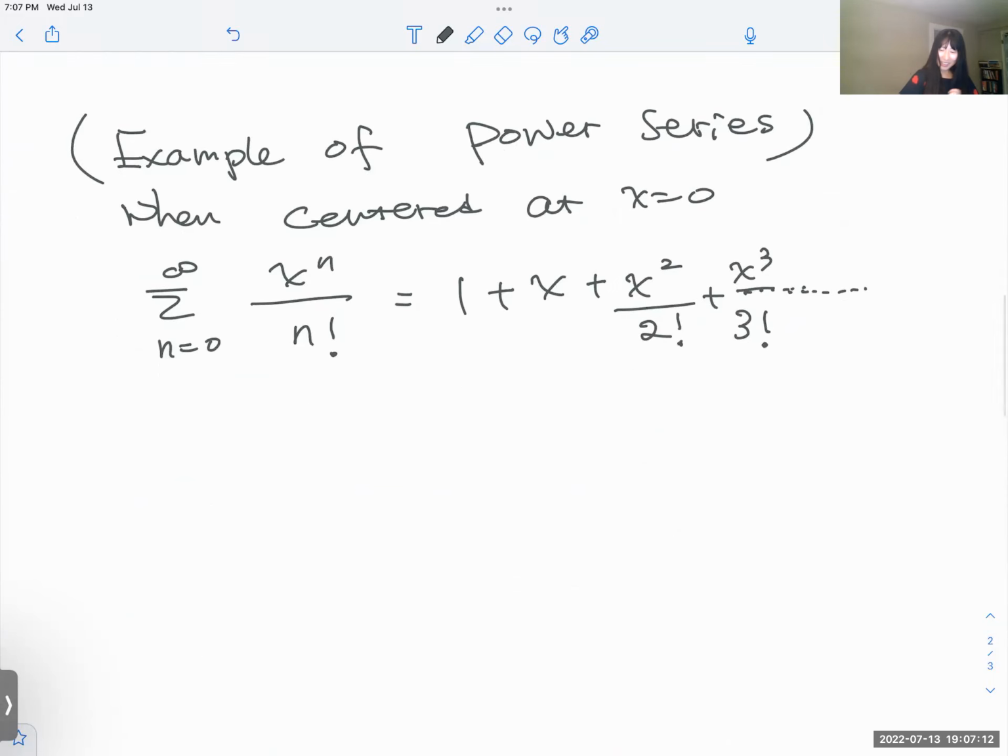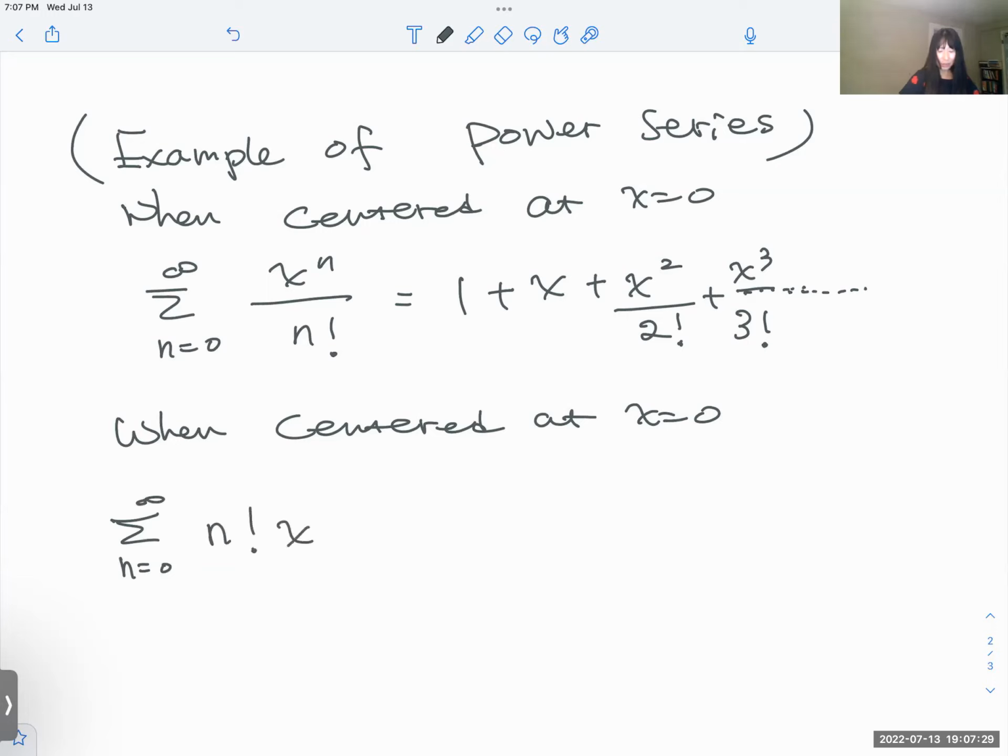All right, so this is also centered at x equal to 0. We have a series from n equal to 0 to infinity of n factorial x to the n. Can you see that? x by itself, so we say it's centered at x equal to 0.